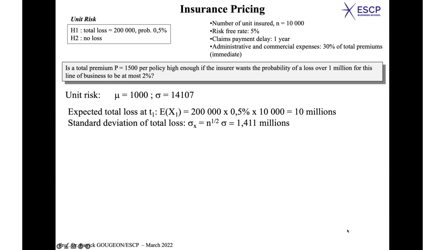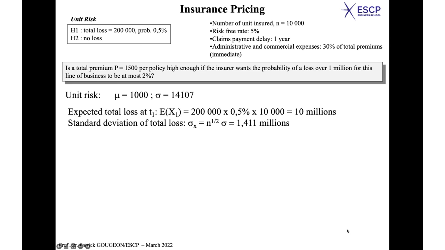So the unit risk is what? 0.5% for a total loss of 200,000. So the expected loss per unit is 1,000. And the standard deviation, I'm assuming again that you know how to calculate a standard deviation, would be 14,107. So based on the definition of the unit risk, you have the expected loss per unit and the standard deviation per unit.